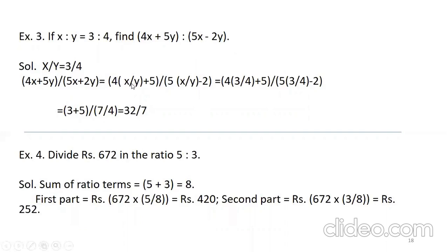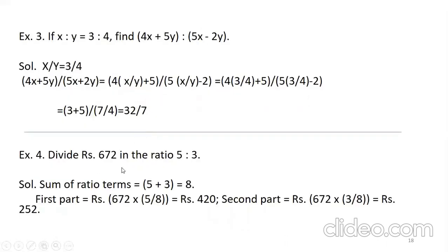So 4x by y plus 5, and 5x becomes 5x by y minus 2. Now apply the calculations. It is equal to 32 by 7.